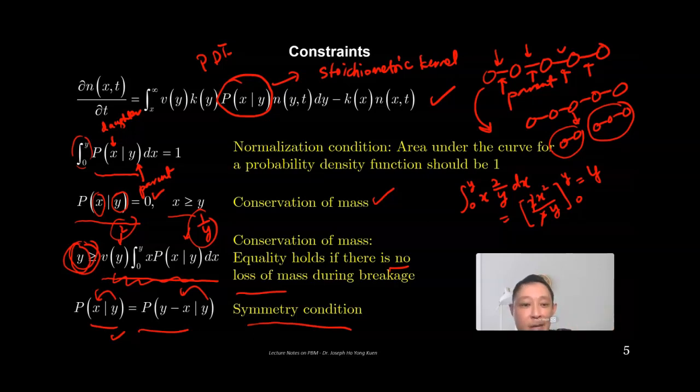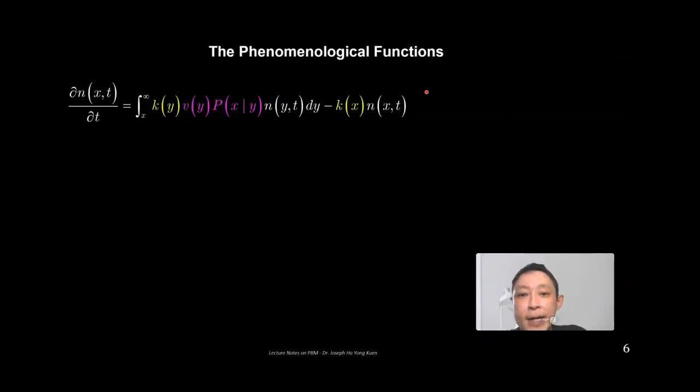So these are some of the constraints that we must respect when we solve the population balance equation, in this case for breakage. Now let's do a final recap of what we have gone through so far about the 1D population balance equation for pure breakage. This is the 1D population balance equation for pure breakage with no growth and no spatial variation. The left hand side here is the accumulation term. This term here is the so-called birth or source term, and this is the death or sink term.